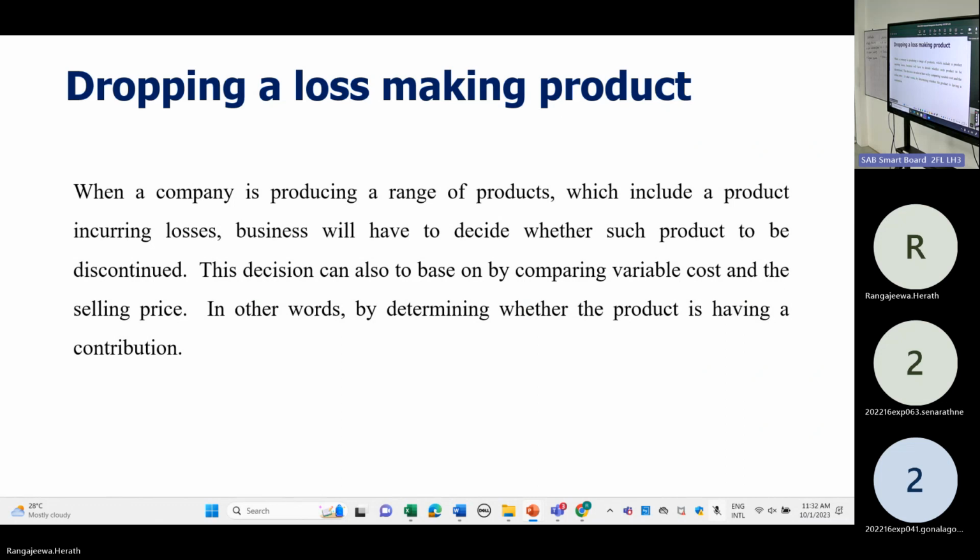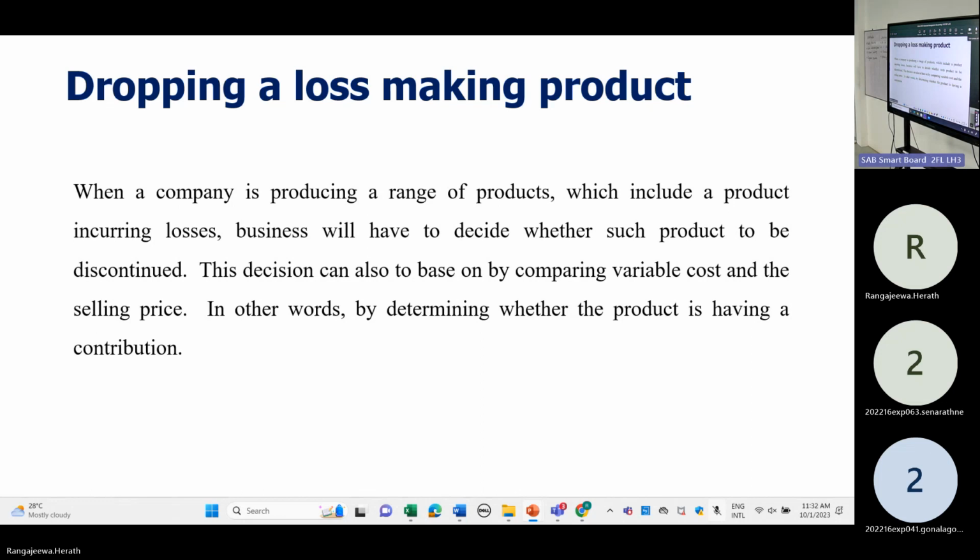Now, sometimes if you drop a product, there may be certain fixed costs you can save. For example, we are producing this product using a rented factory building. Now we are paying 100,000 rupees monthly for this particular factory building. If you drop this product, this factory is no longer required.